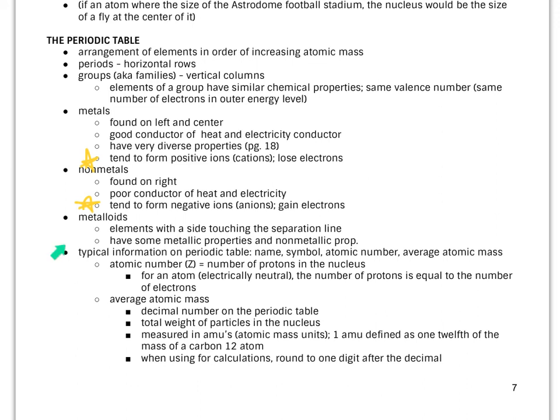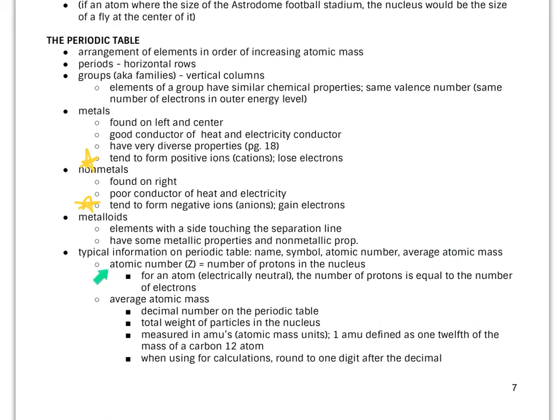So the typical information provided on the periodic table are things like name, symbol, atomic number, and average atomic mass. The atomic number is typically on the top, and that is a whole number and how the elements are ordered. And then the average atomic mass is the number below the symbol or the name, and that's typically the larger decimal number.